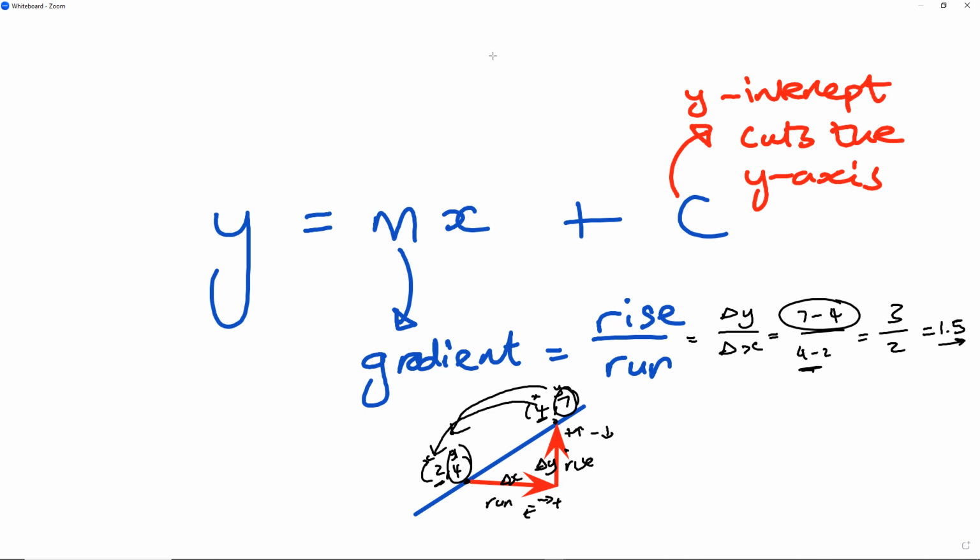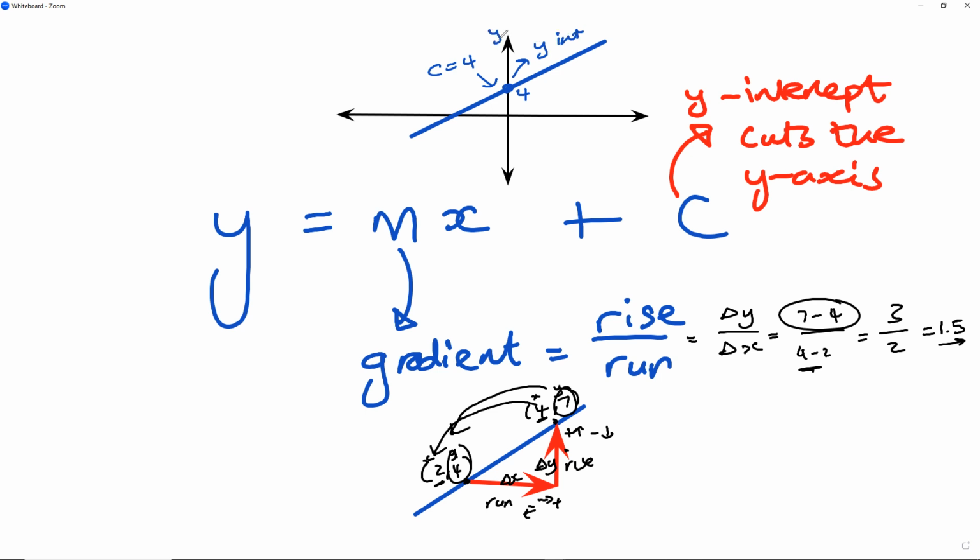Let's suppose this is my y-axis and this is my x-axis, and I have a line running through it. Then this value here, let's say, is 4, would be my c value. C will equal 4. That over there is my y-intercept, because it cuts the y-axis.